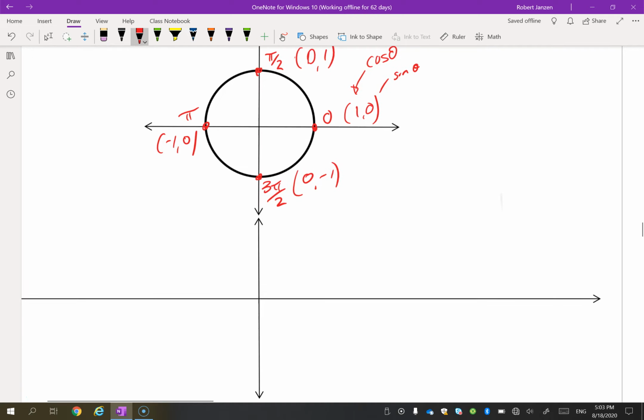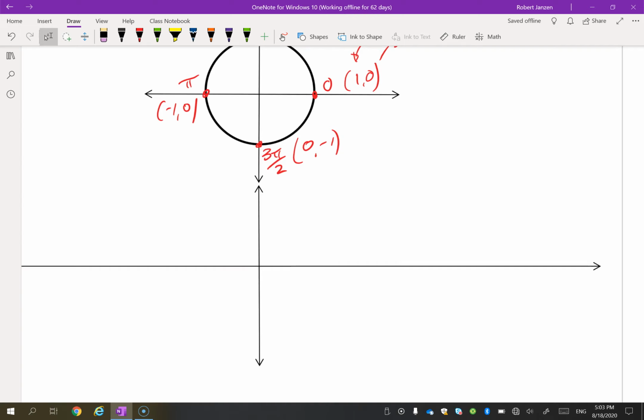So let's put those points on a graph. Here we're going to say this is theta. We're going to go from 0 to pi by 2 to pi, 3 pi by 2, and 2 pi. That would be one rotation, and then we're also going to go negative.